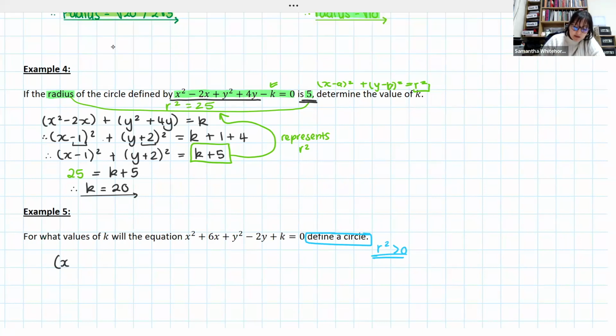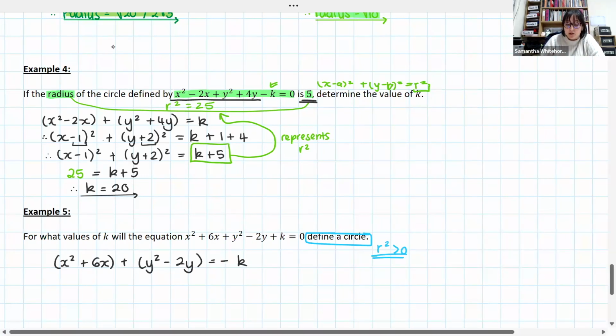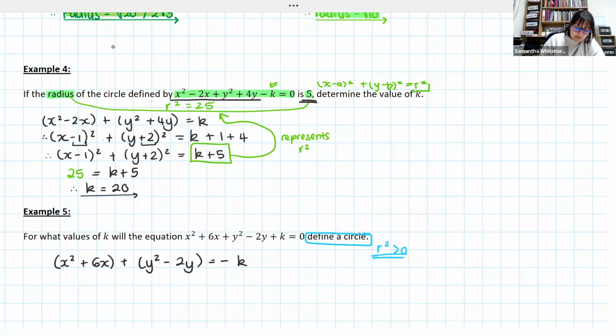So our brackets, x² + 6x + y² - 2y, bring your k over, so equals -k. That's fine. That represents my r². And so now I complete the square. (x + 3)² + (y - 1)² is equal to -k.